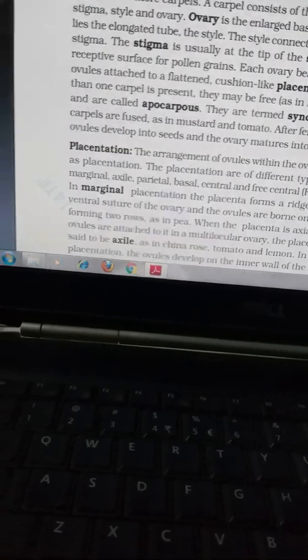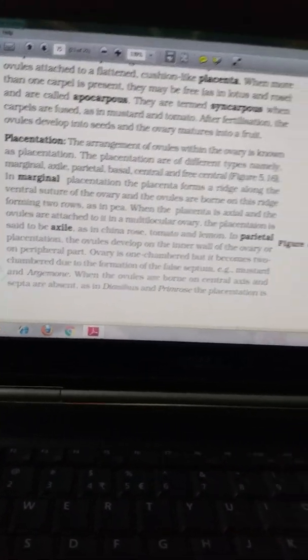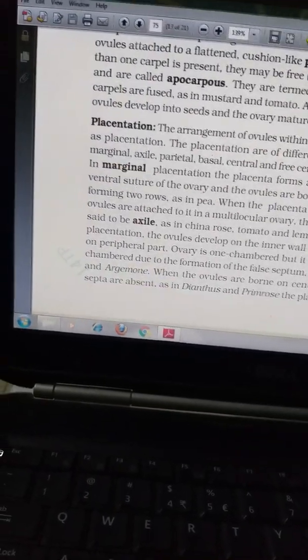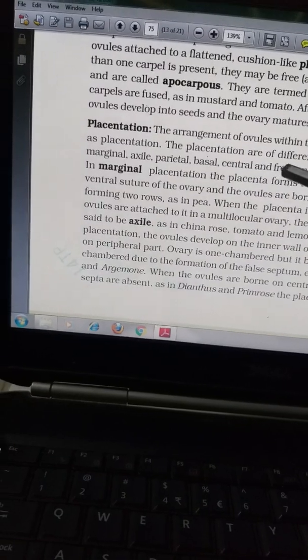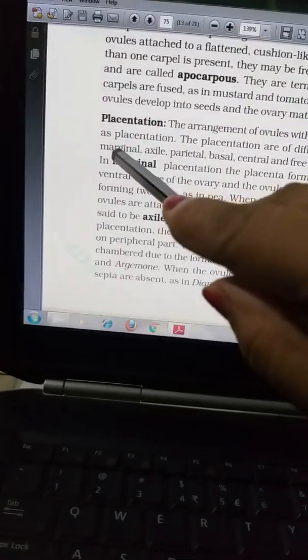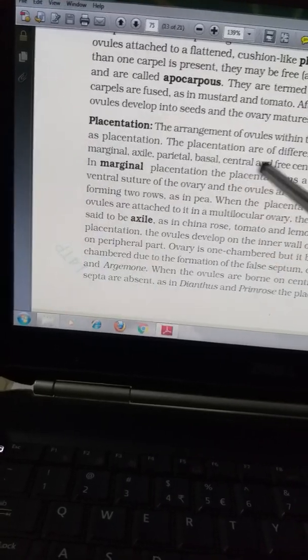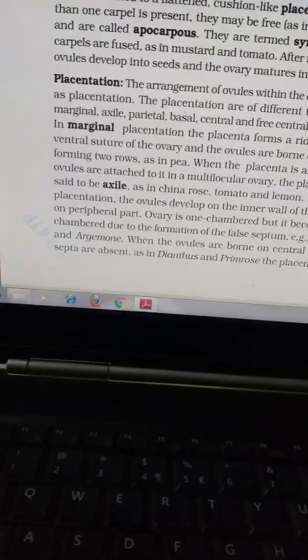Now what is placentation? Placentation is basically the arrangement of ovules within the ovary. See, the arrangement of ovules within the ovary is known as placentation. Placentation is of different types, namely marginal, axile, parietal, basal, and free central. Okay.